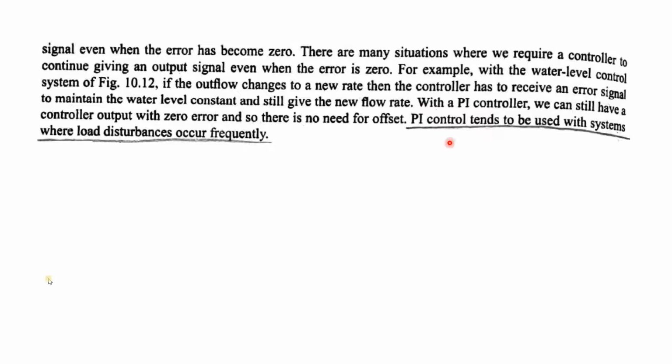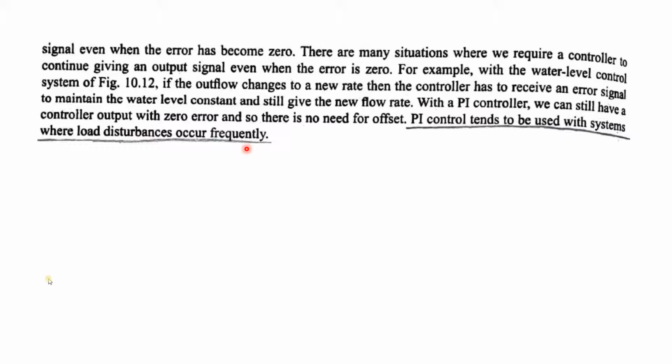One thing to be noted is that PI controller tends to be used with systems where load disturbances occur frequently, that is, rapid disturbance. One major difference between PI and PD controller is that in PI controller the time taken for the response of the controller is more.